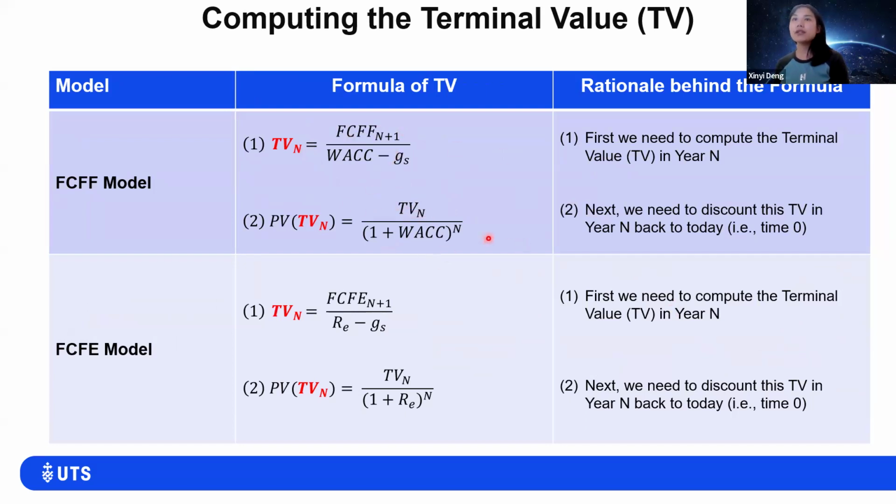Like in the derivation slides, we already showed that the terminal value TVN of the FCFF model is equal to FCFF n plus 1 divided by the difference between WACC and the second stage growth rate GS.